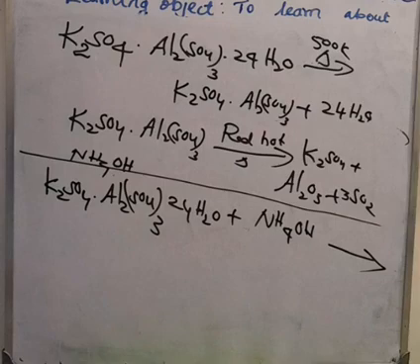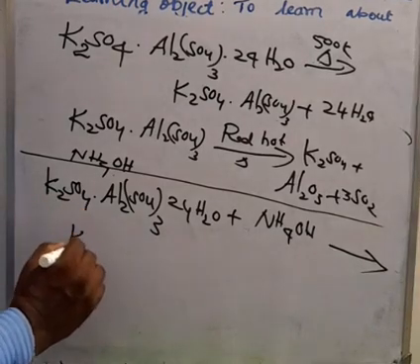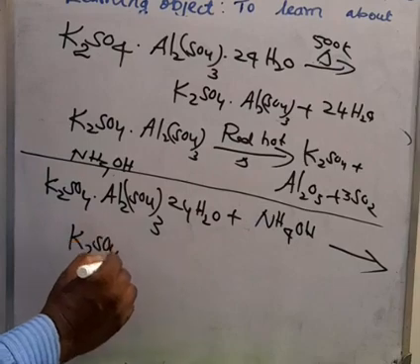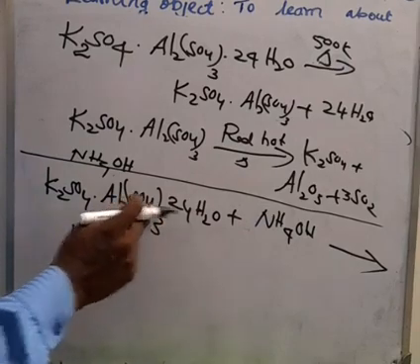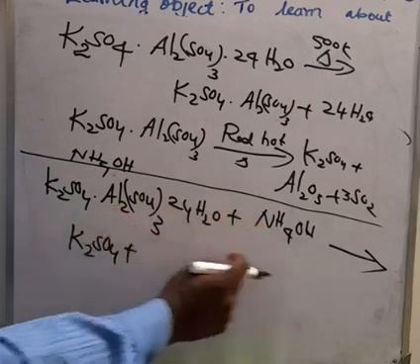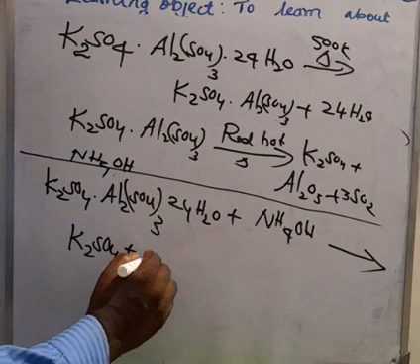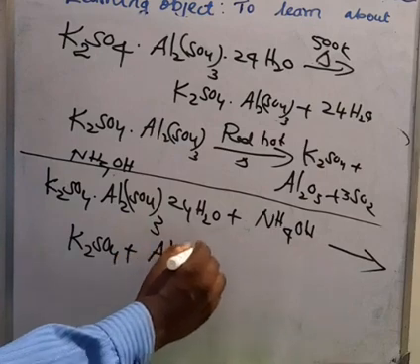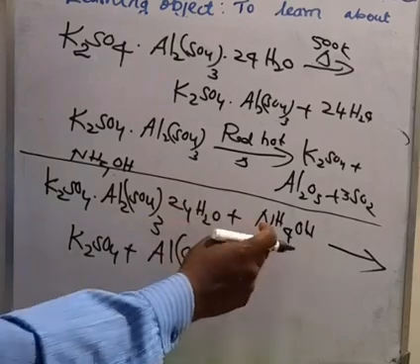So what are the possibilities here? Potassium sulfate, K2SO4, plus. Here the aluminium combines with OH of ammonium hydroxide and we get aluminium hydroxide. And this ammonium combines with the sulfate to form ammonium sulfate.